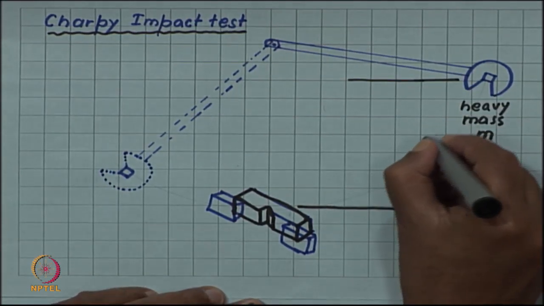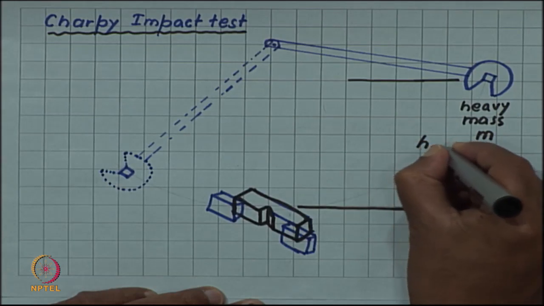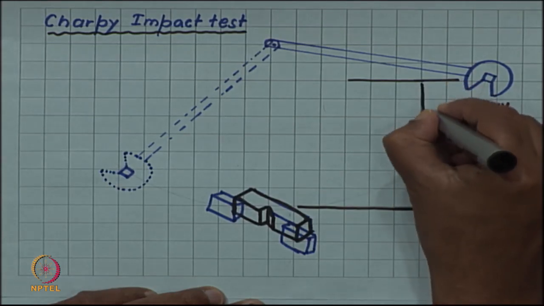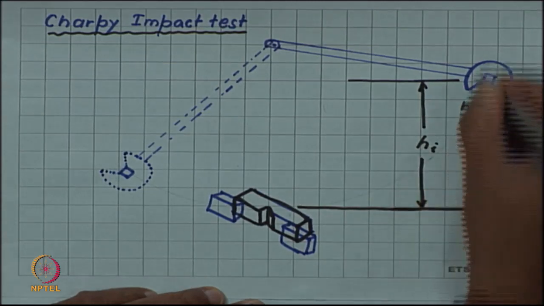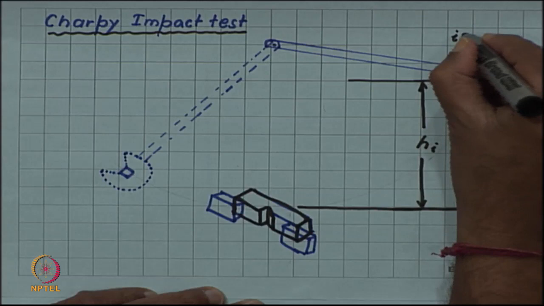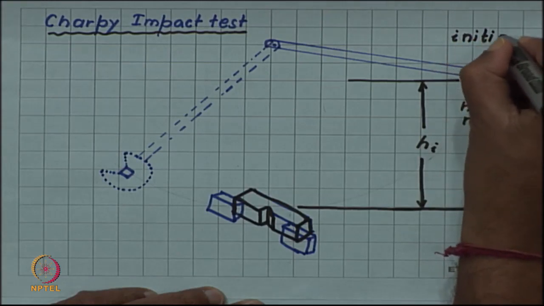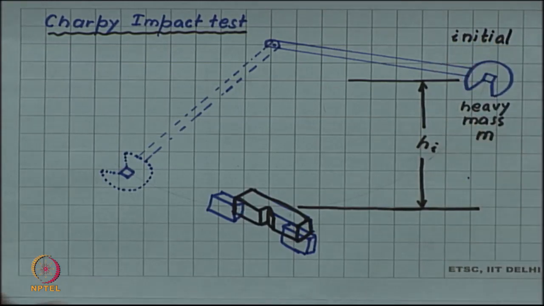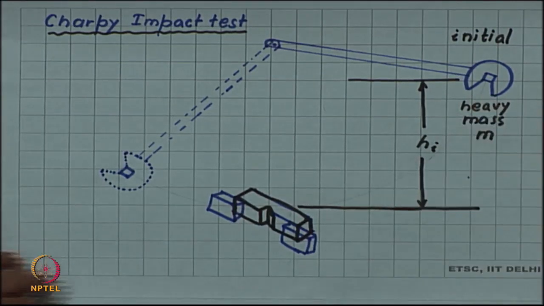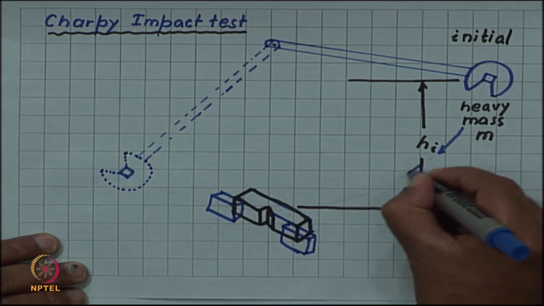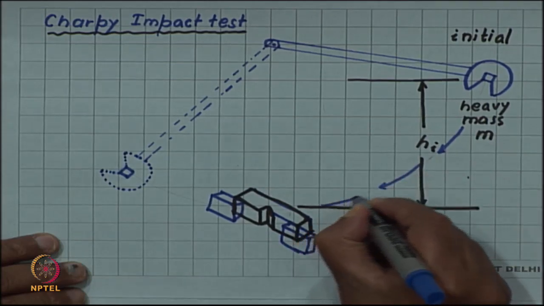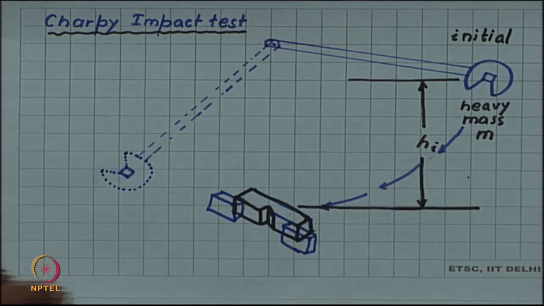So, the height of the pendulum above the level of the sample is Hi. This is the initial height, this is the initial stage of the pendulum. Then when this pendulum is released, it will follow this path and will strike the specimen.